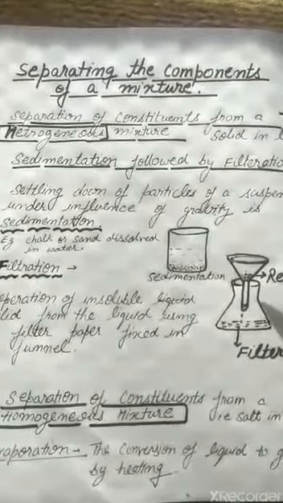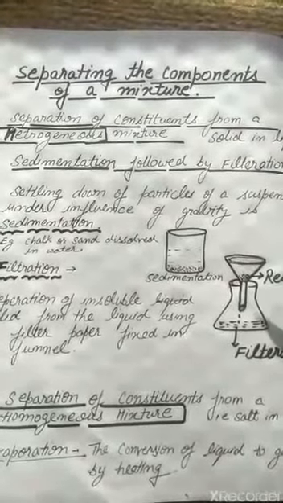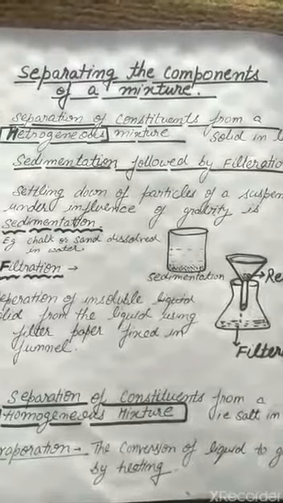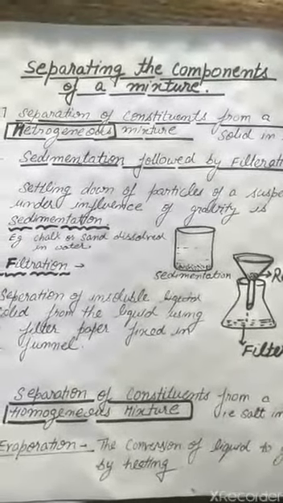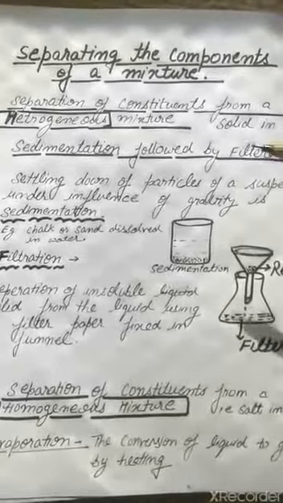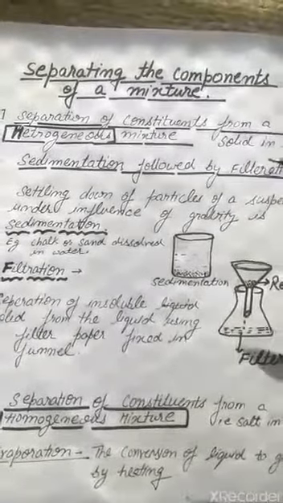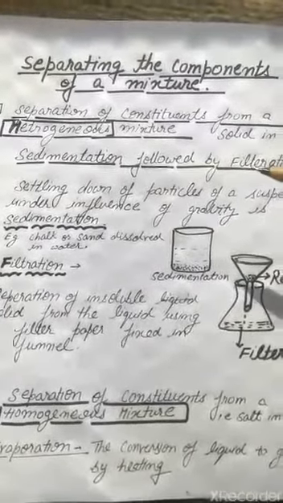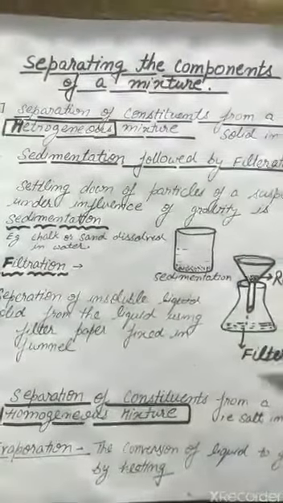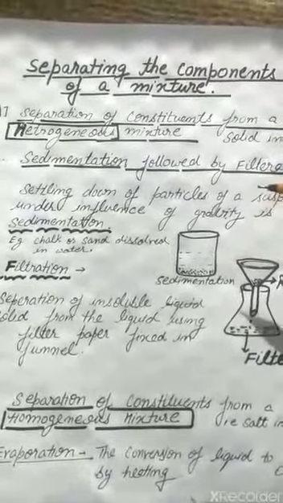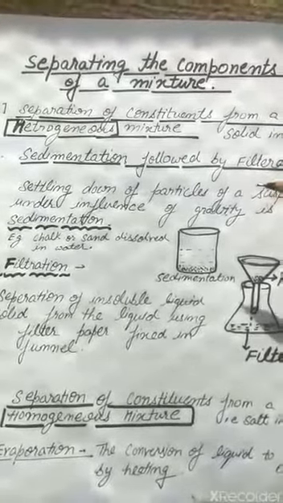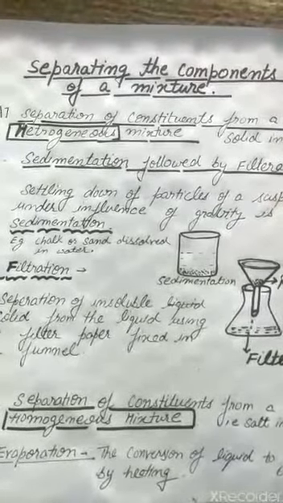For example, sand in water, mud in water, chalk powder in water, in which particles are not uniformly distributed. So in this we use the sedimentation method, which is very easy as we mix chalk powder and water and leave them for some time.